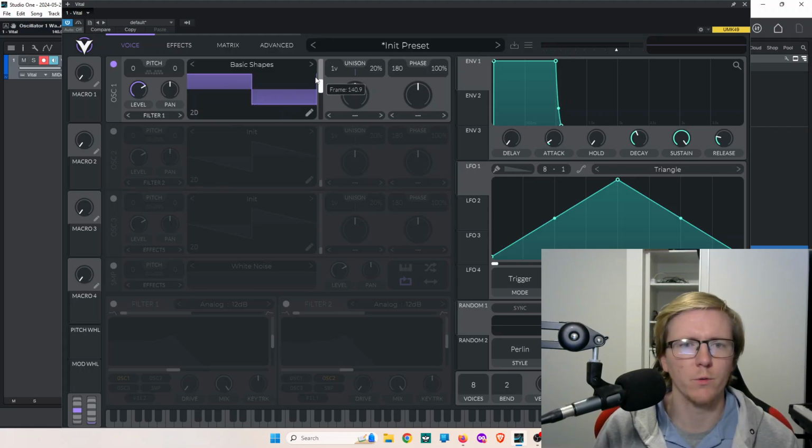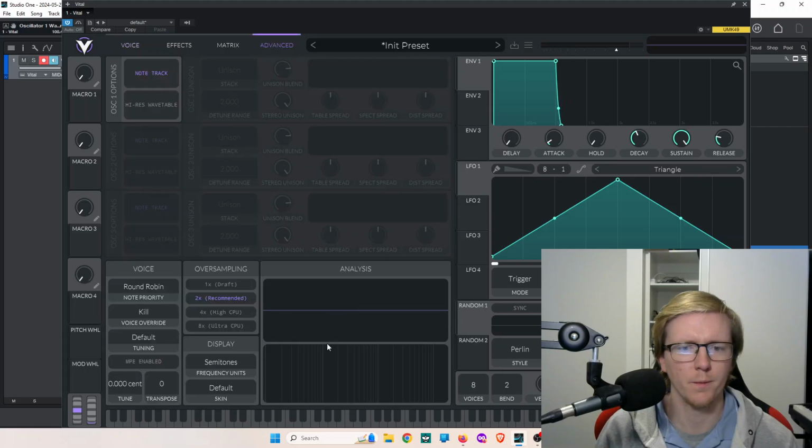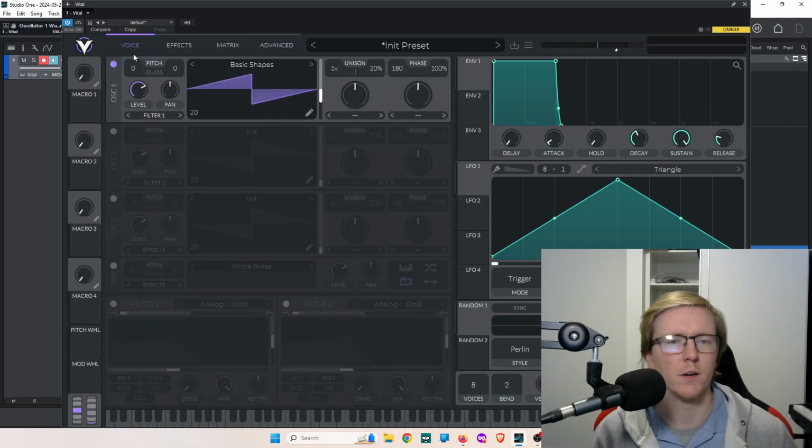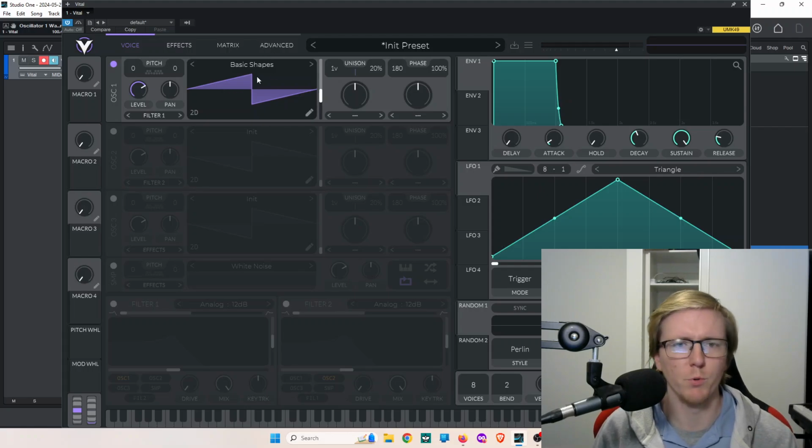So if I was to go to a saw wave now, you can see I've got all these high frequencies coming in. I've still got that fundamental frequency at the bottom, but then I have all these high frequencies above it. And all those high frequencies, in the case of a saw wave, are multiples of the fundamental.